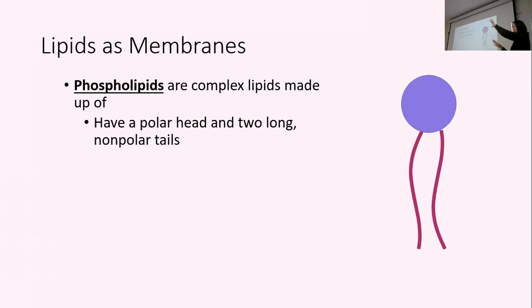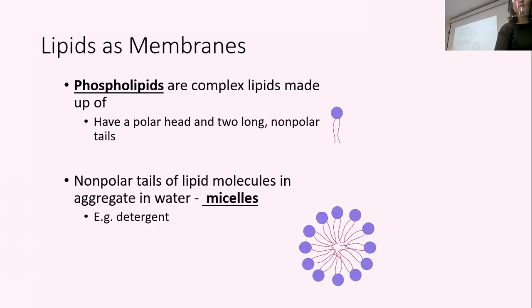When these are in water, they're going to behave in a very specific way, which we've talked about before. In water, the nonpolar tails are going to aggregate because of hydrophobic exclusion. Water doesn't want to interact with nonpolar stuff. It's going to push it away. They're all going to get shoved together, and then on the outside, you're going to have the polar heads, because they're going to be interacting with the water.